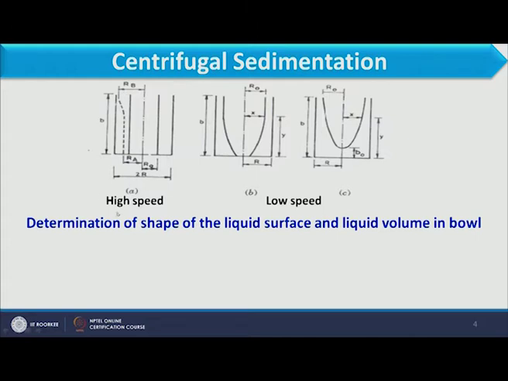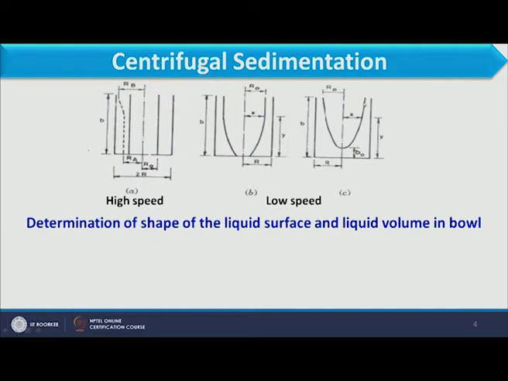Now, at high speed, all liquid will be accumulated at the periphery of the bowl, so the trajectory will start from Ra to Rb. So, at high speed we get this type of profile. However, at low speed the vortex forms a parabolic-like profile, as shown in this figure as well as this. In this diagram we have lesser speed in comparison to this diagram.